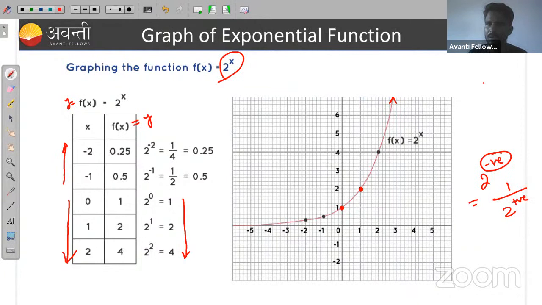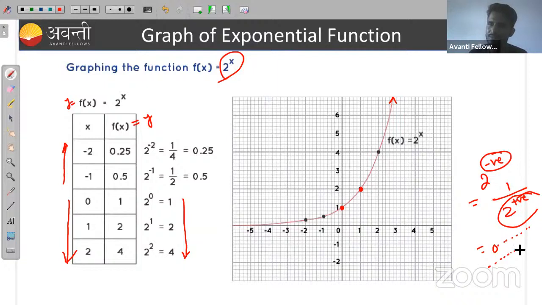This is like 2 to the power -1, which is 1/2, or 2 to the power -2, which is 1 upon 2 to the power 2. So it is 1 upon a positive number, and it is like any bigger number you can think of.